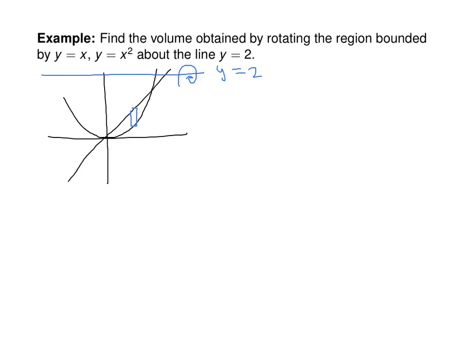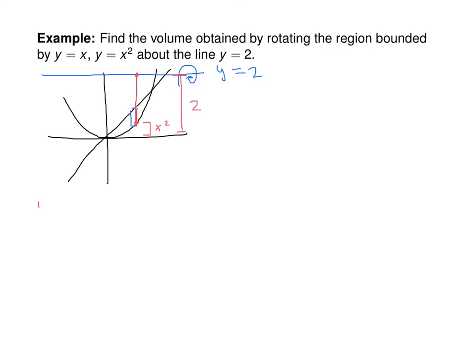radius. So the outer radius, I'm going to draw that in red, that is the distance from my axis of rotation to my outer curve. So this little distance there, that's x squared. The total distance, that's 2.